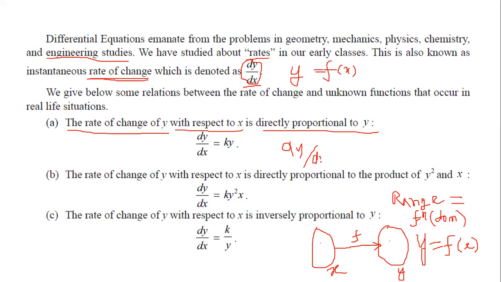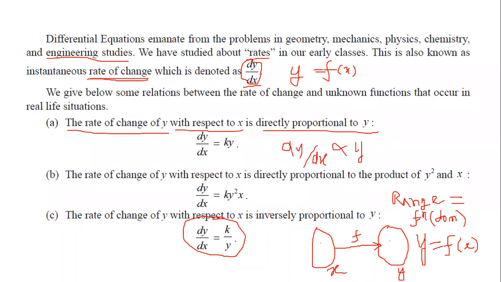In case it is inversely proportional to y, then we have to write 1 by y. Like so, the third one: the rate of change of y with respect to x is inversely proportional to y. That equation takes the form dy by dx equal to k by y.